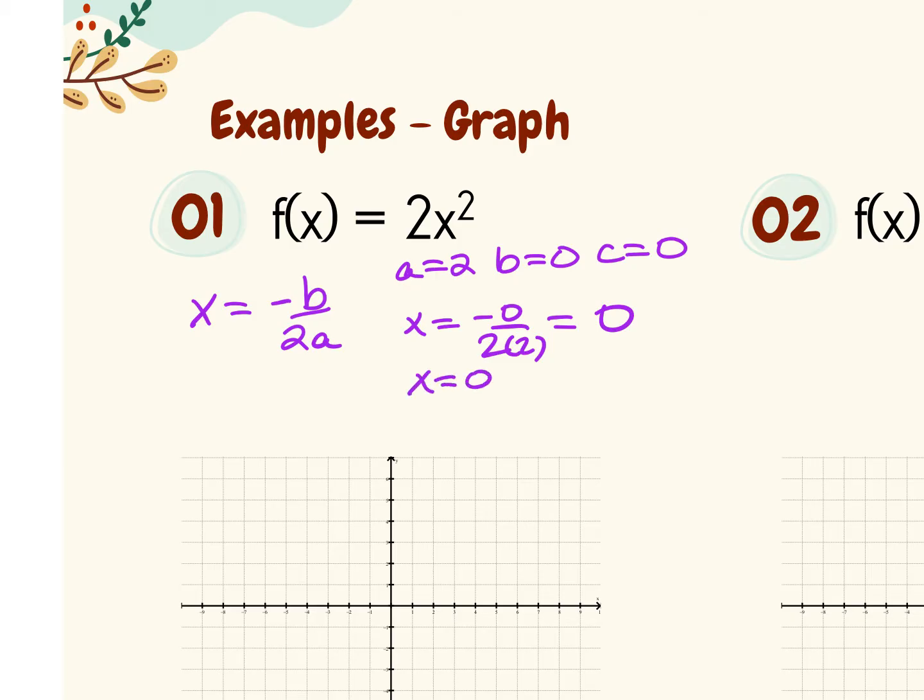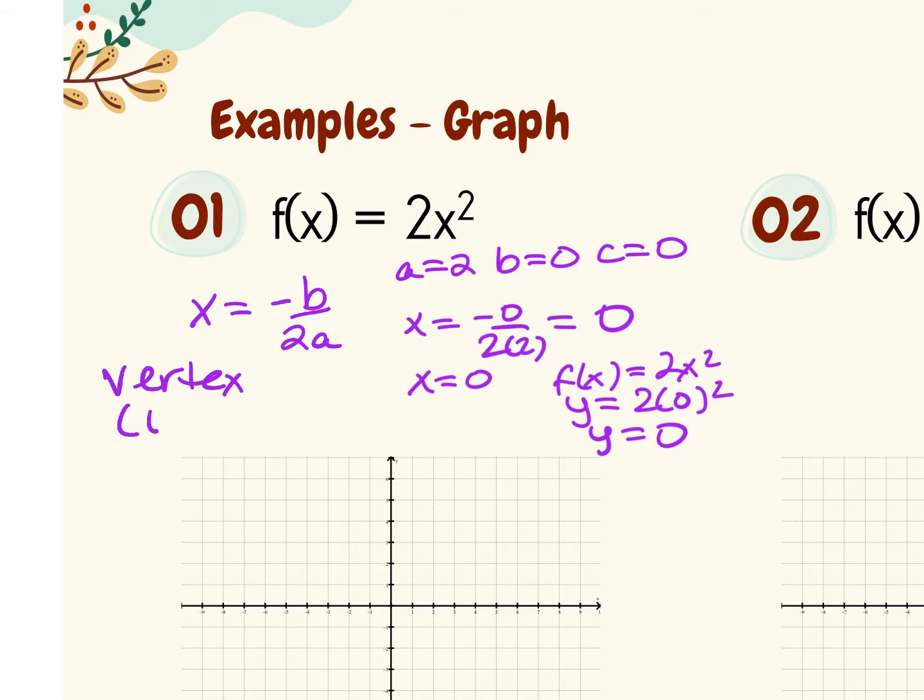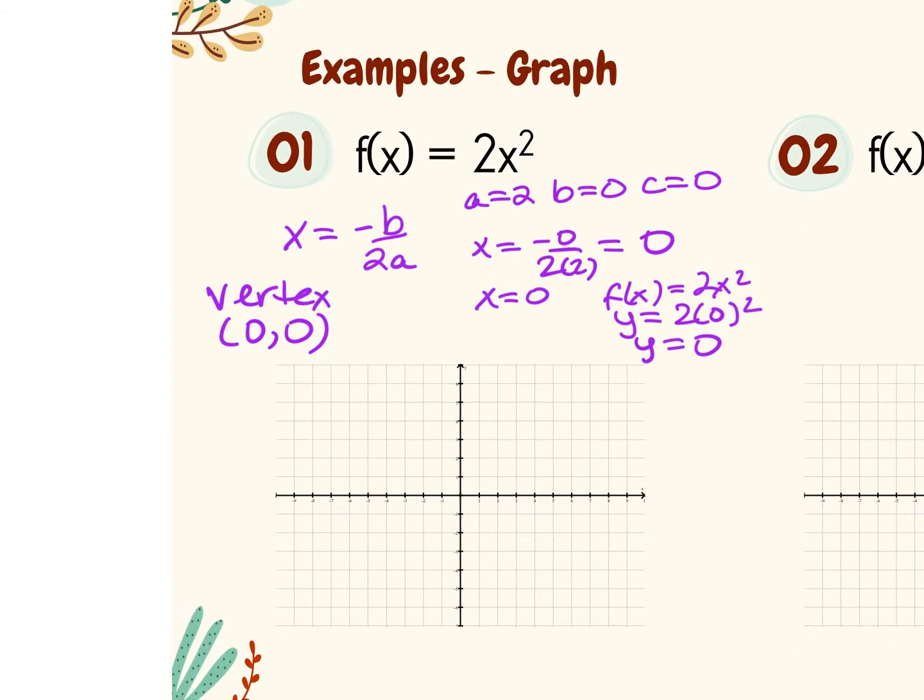Then if I plug the 0 into the f of x original equation, remember this is y equals, 2 times 0 squared gives me a y value of 0. So my vertex is located at the ordered pair 0, 0. Notice there's no c here either, so my y-intercept in this case is also 0, 0.